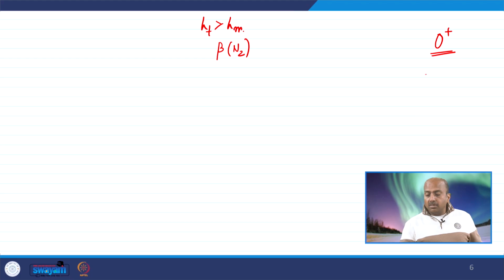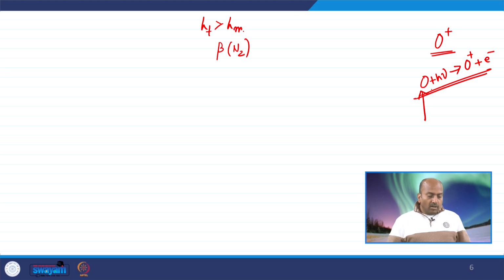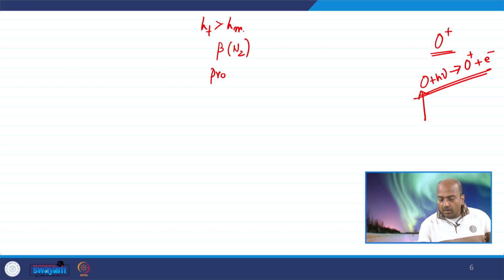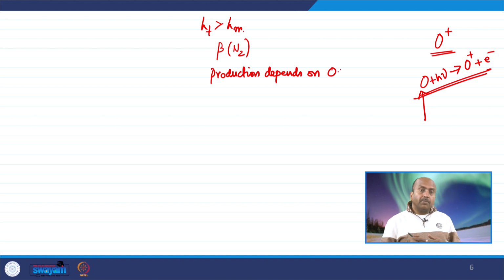If O plus is produced, the reaction must be O plus h nu resulting in O plus plus electron. This is the production process. So, this will obviously depend on the availability of oxygen, O. So, production depends on O, but the recombination depends on N2.